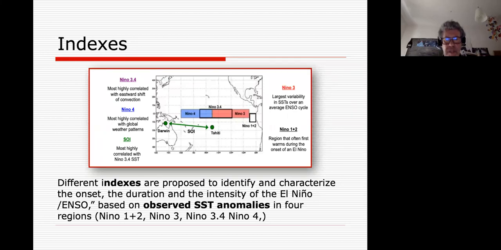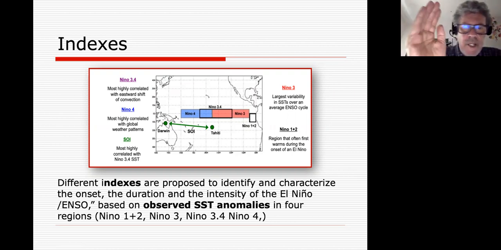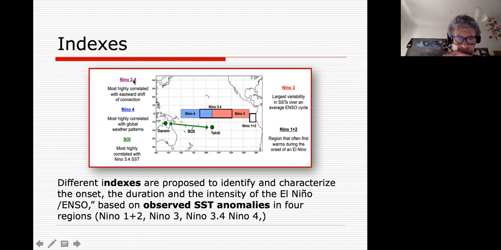It is named this way because the area is in between Niño 4 and Niño 3, and it is highly correlated with the eastward shift of convection. And Niño 3.4 is highly correlated with the Southern Oscillation Index.